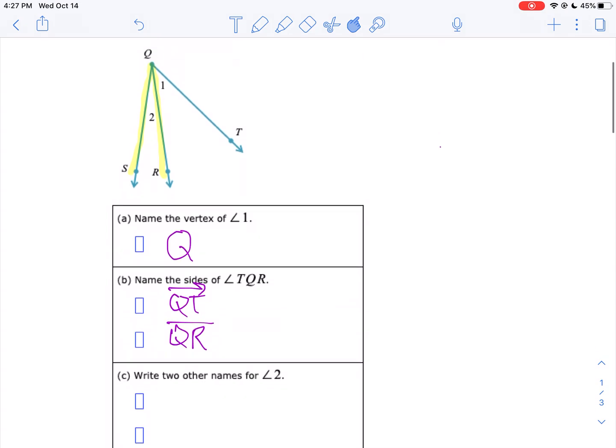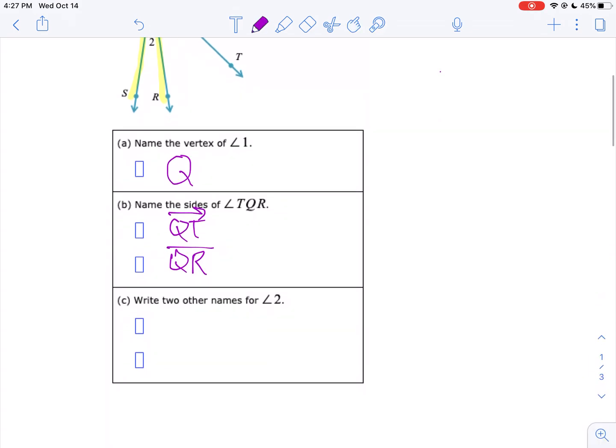So we could say angle SQR. That's where you have your angle symbol. You had the angle symbol, but you didn't have the letters in the right order. Or it could be backwards, angle RQS. Both of those are correct. And that's all we need for that one.